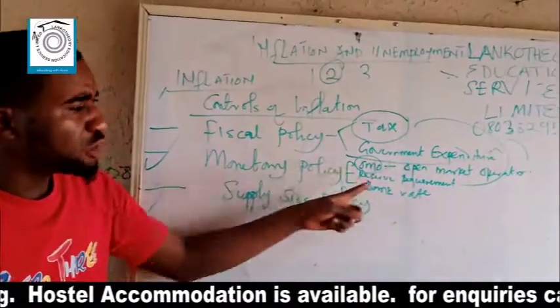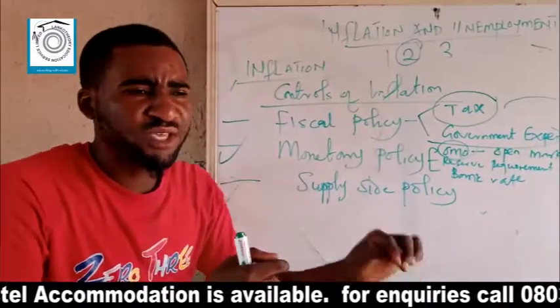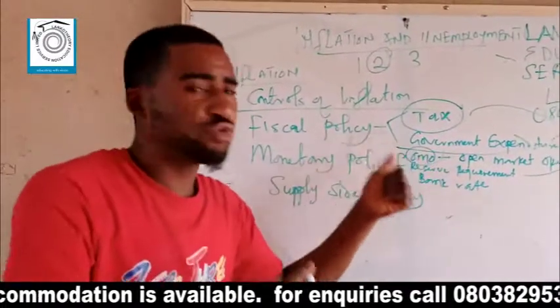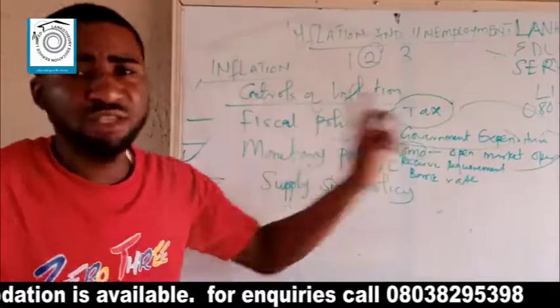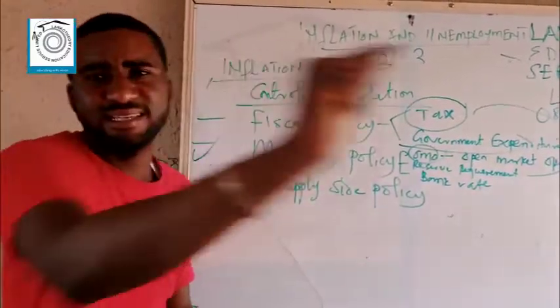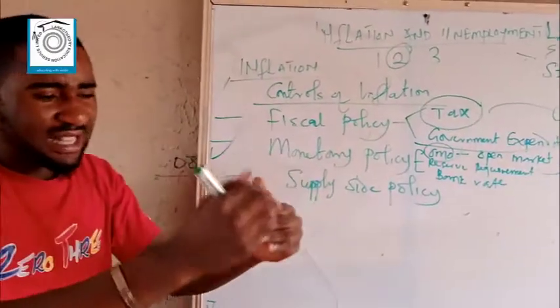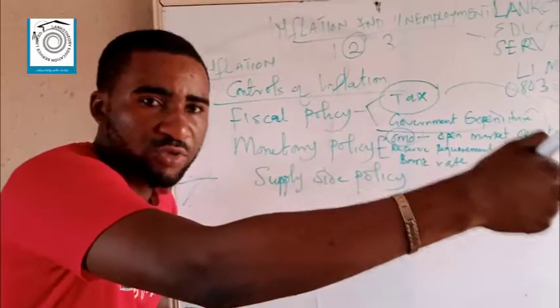So, if government wants to control inflation using OMO, that means the target of the government must be to reduce the money in circulation. How can OMO be used to reduce the money in circulation? What government will do is to sell securities, because a seller will be paid and give goods and services to the buyer.